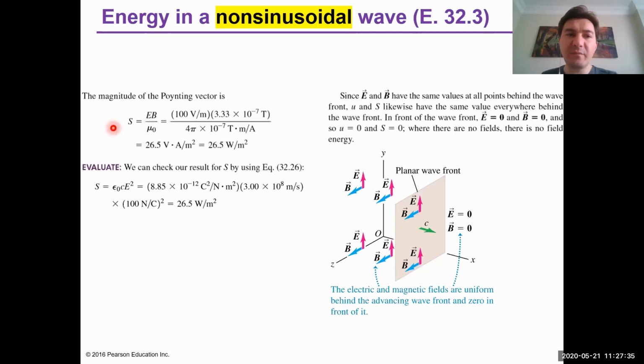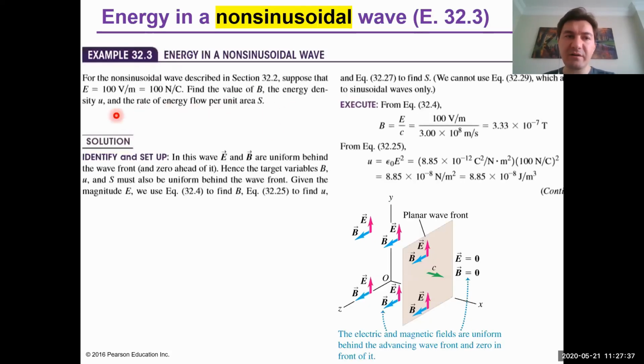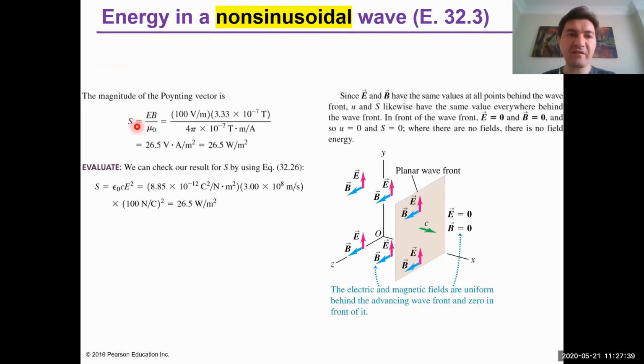So what about the magnitude of the Poynting vector? This was the last question. It is given by E times B over mu 0. E is given, B is calculated, put the mu 0, and then you can calculate it. Calculate Poynting vector with that number, 26.5 watt per square meter.